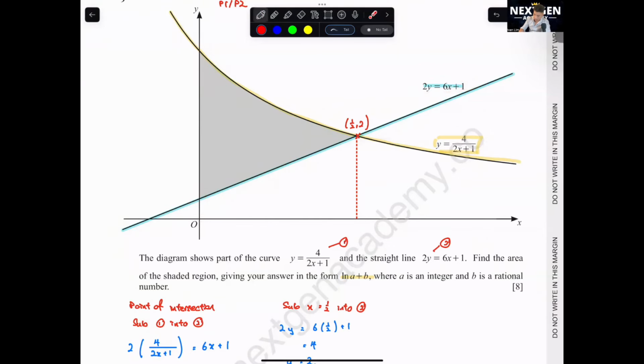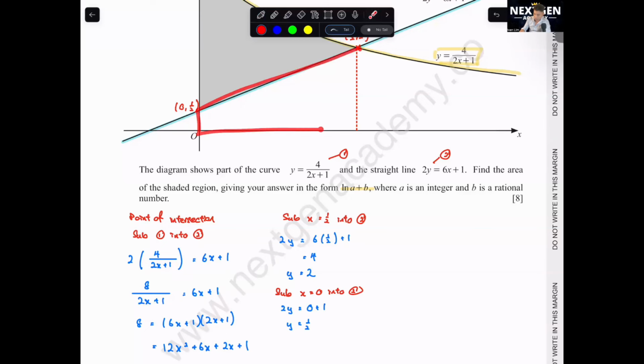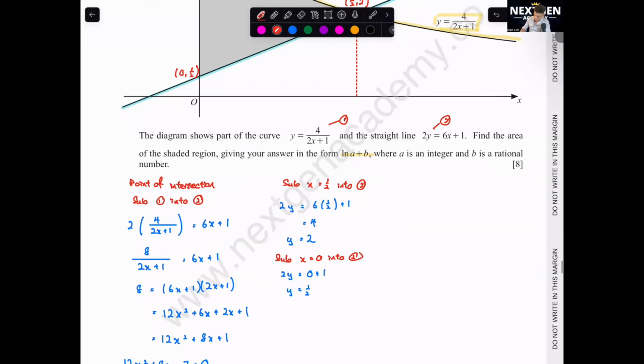So let's do this one. We substitute x equals to 0 into equation 2 also. So here will be 2y equals to 0 plus 1, y equals to 1 over 2. So this part here is 1 over 2. Since we want to find this area, what's the area of this trapezium, which is your area under the line?